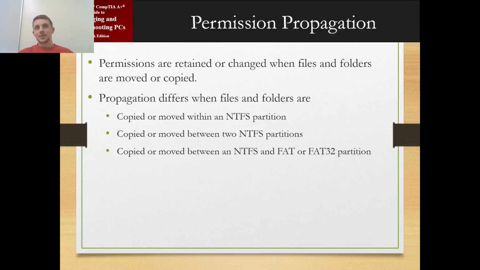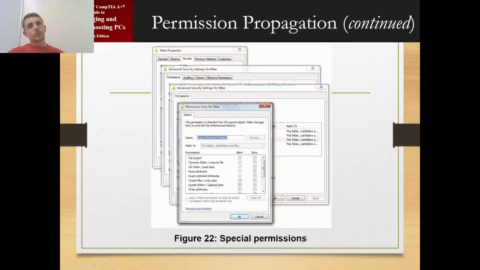So that's why some companies are very strict about USB drives, like banks, confidential information, financial institutions, law offices. And then this is just more permissions in the advanced settings tab.